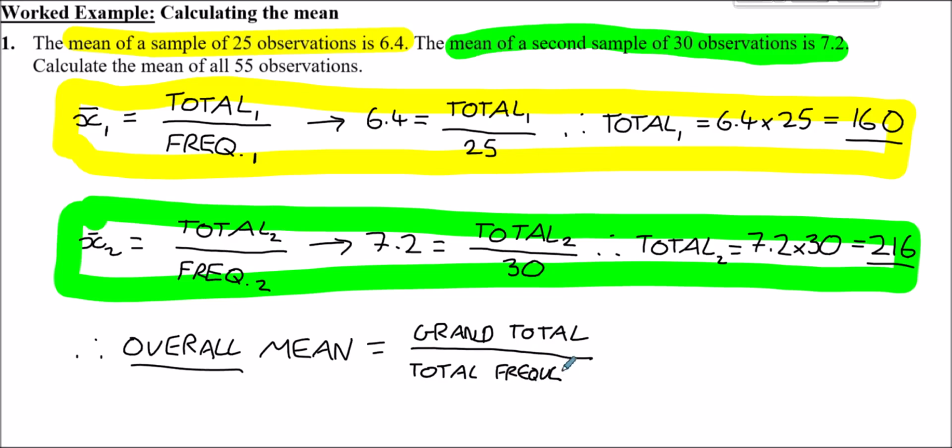So we're told what the total frequency is: there are 55 observations. We could have done 25 plus 30 as well, of course. But the total frequency is 55. And the grand total for all these observations is 160 plus 216.